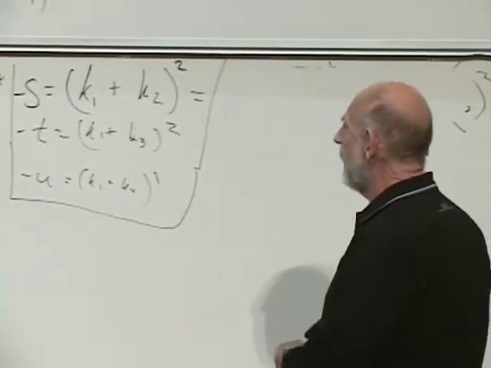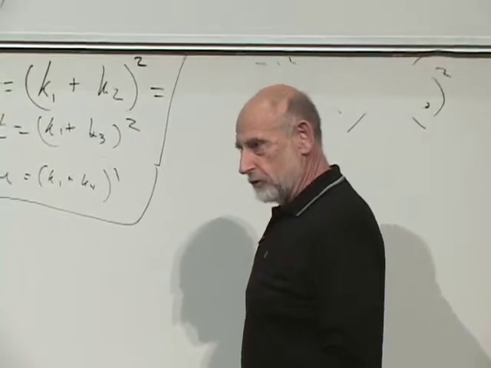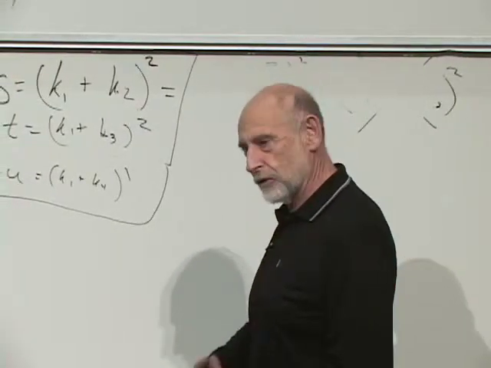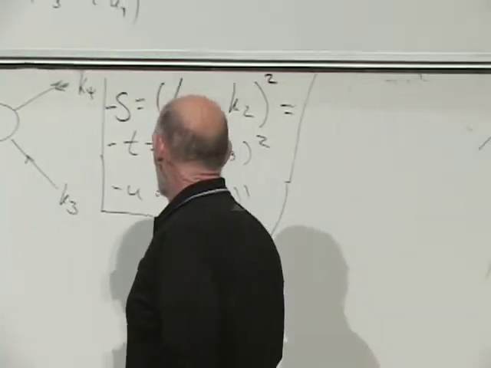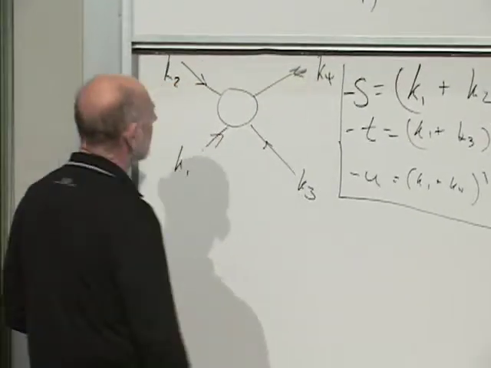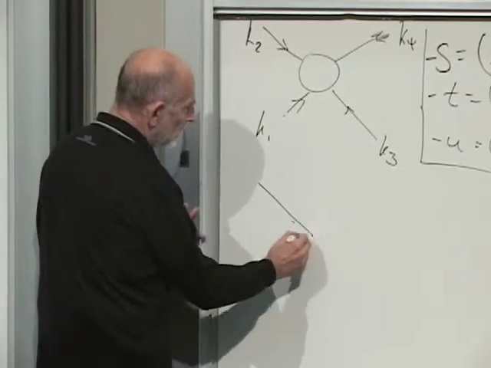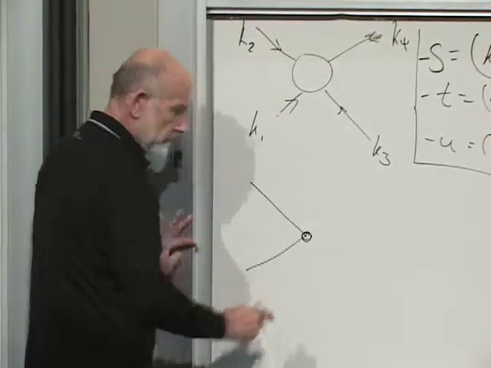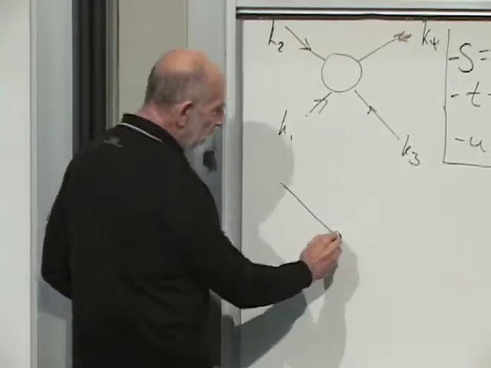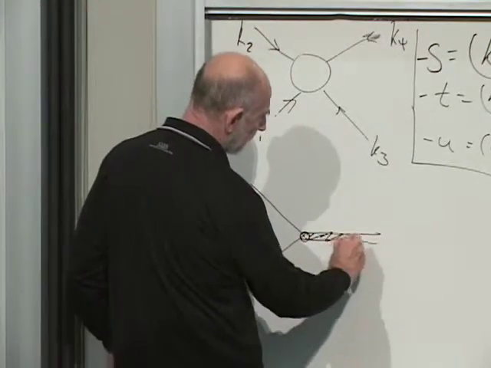Now let's talk about Feynman diagrams for a moment, and I'll just tell you what the answer is for certain Feynman diagrams. Let's suppose two particles collide. This is a Feynman diagram. Create a third particle of a different mass in here.